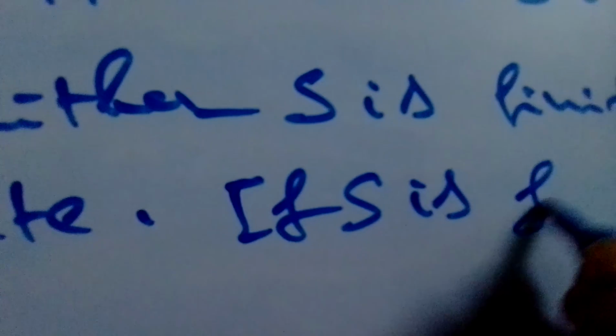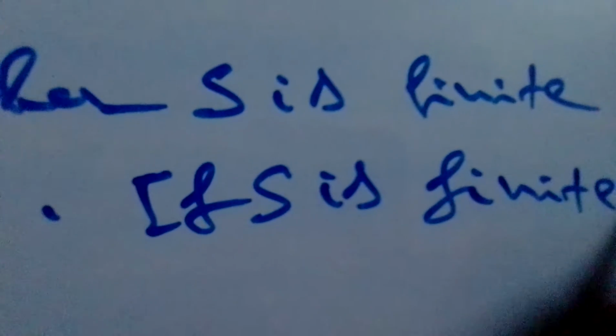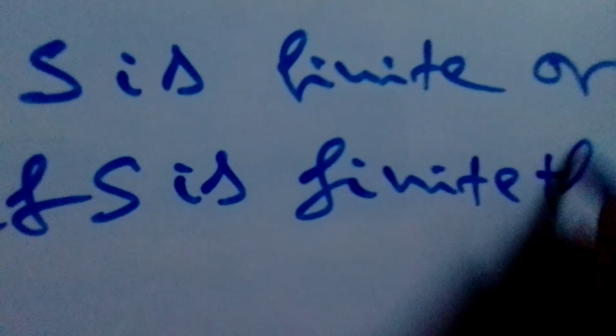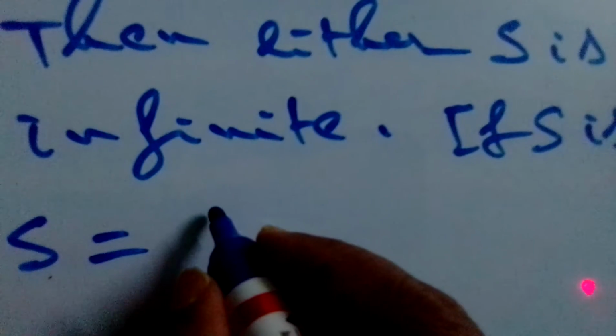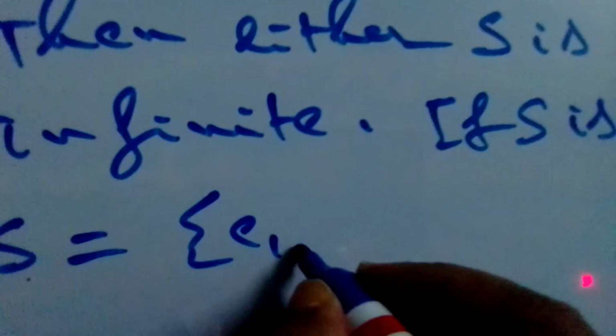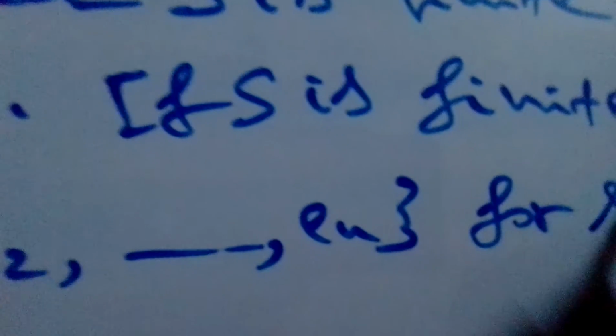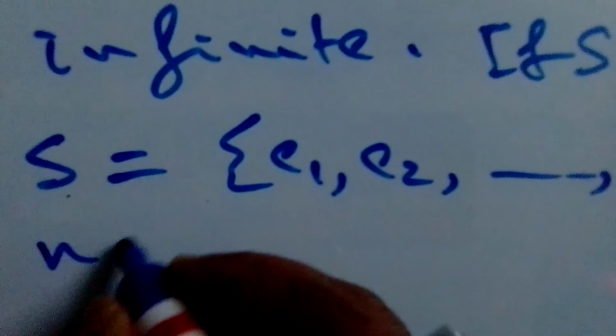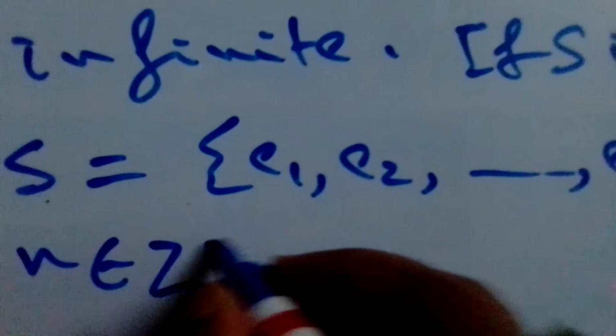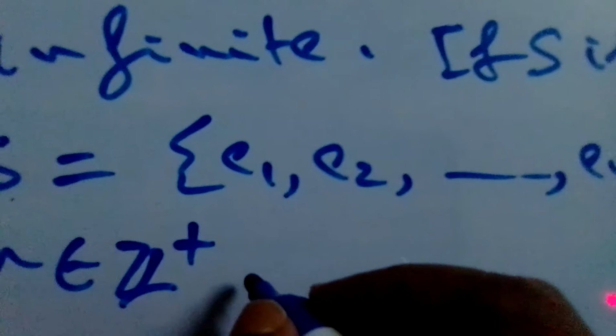If S is finite, then S is equal to e_1, e_2 up to e_n, for some i belonging to the positive integers, Z plus, if we use this notation.